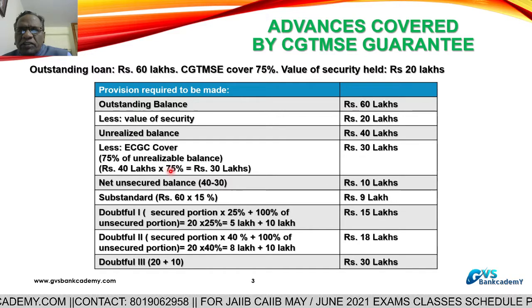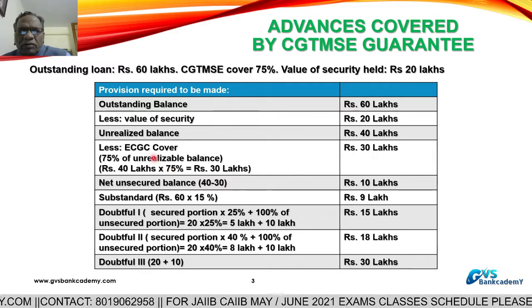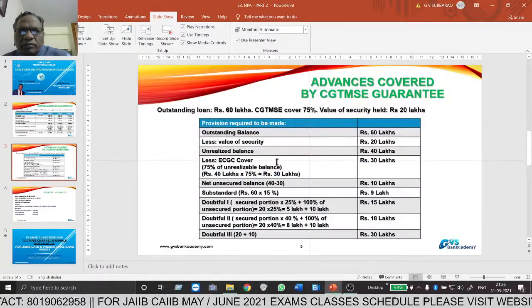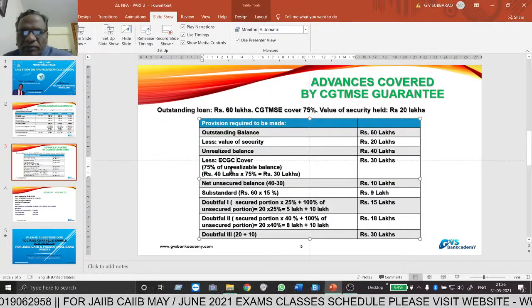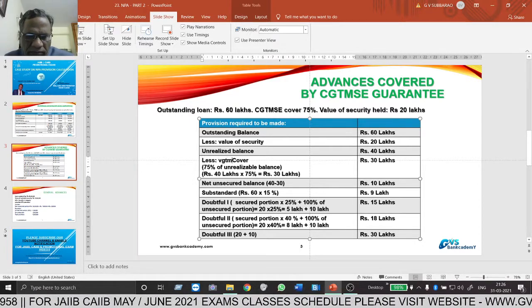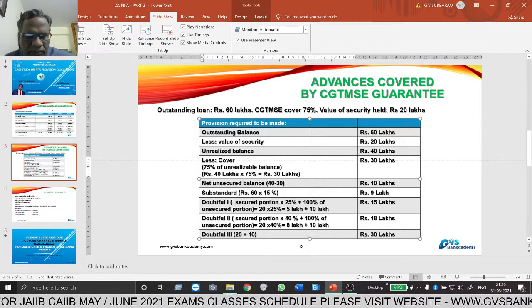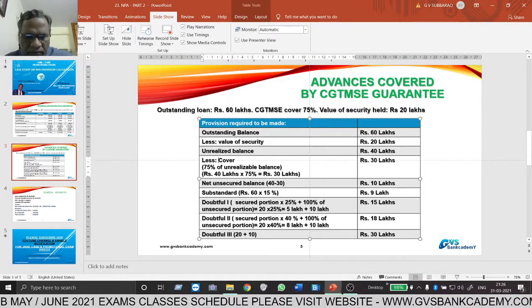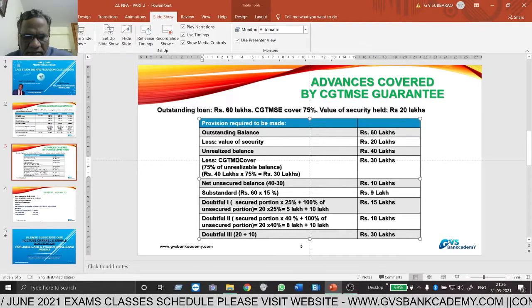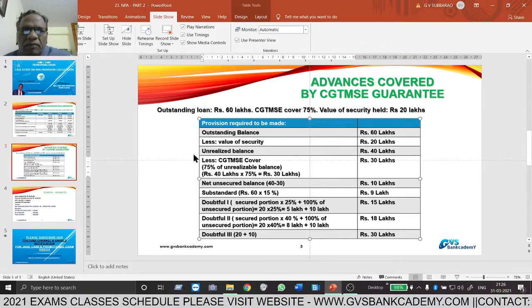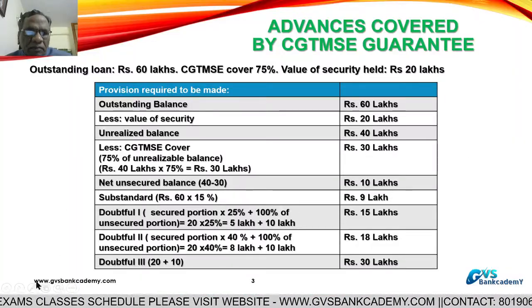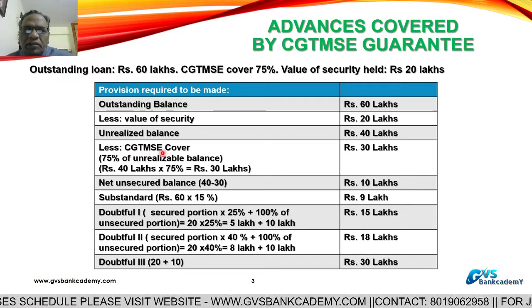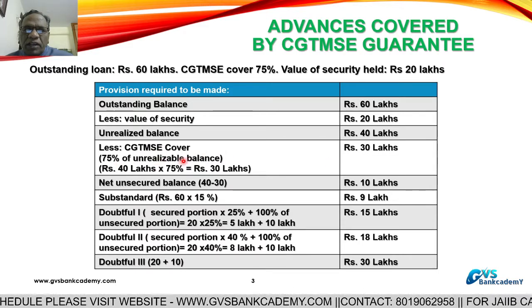You will get a claim from CGTMSE cover of 30 lakhs, which is 75% of the unrealizable balance.